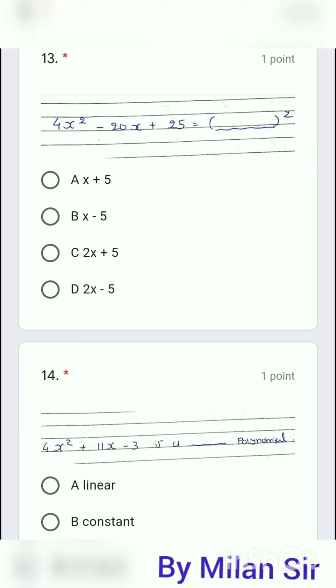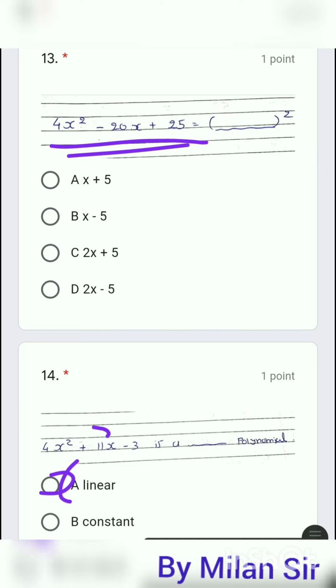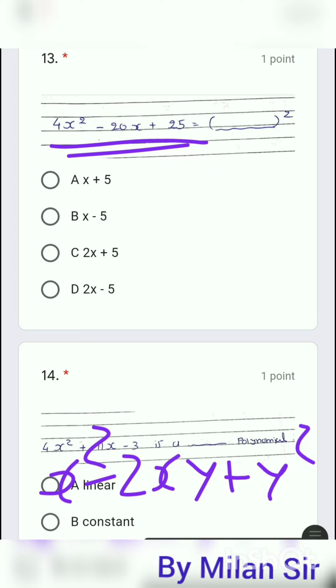First of all we need to convert this question into identity form, x square minus 2xy plus y square, because here in between there is a negative sign, that's why we use this identity, and we need to convert this into this identity. So first of all 4x square, in place of it we can write 2x all square, right?